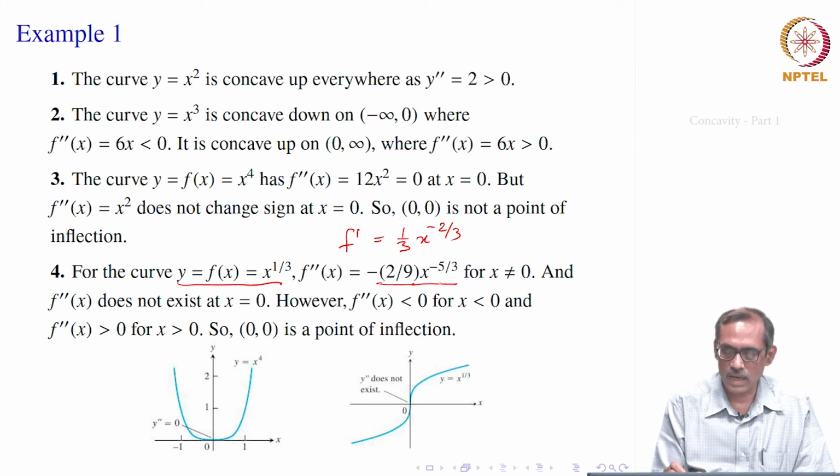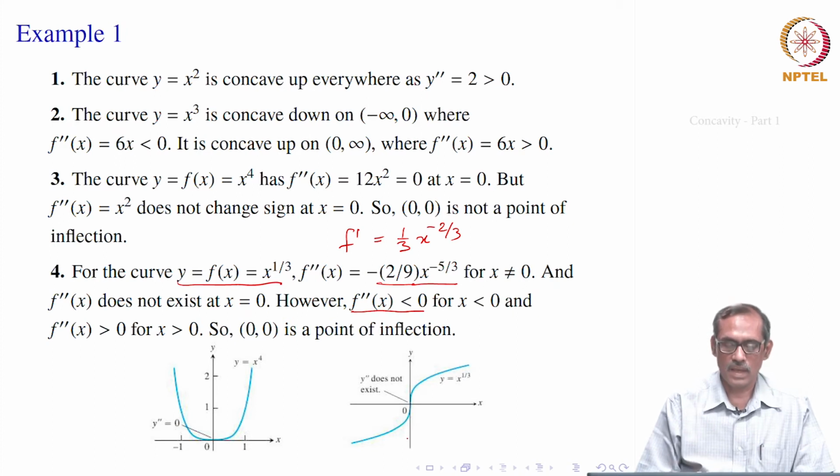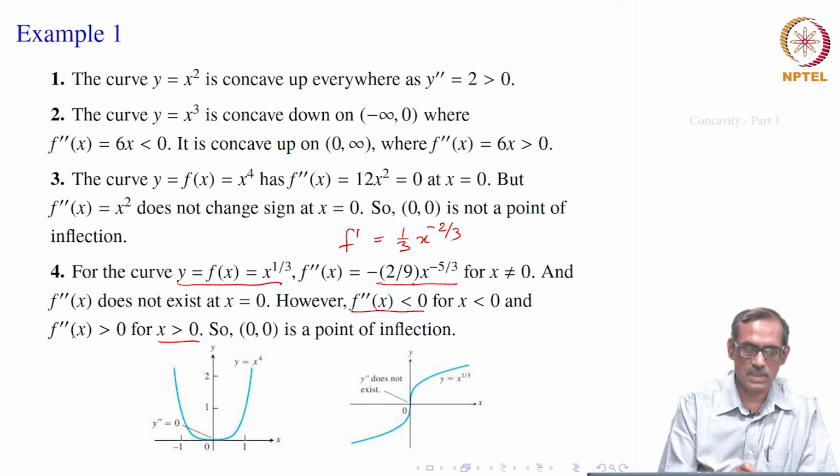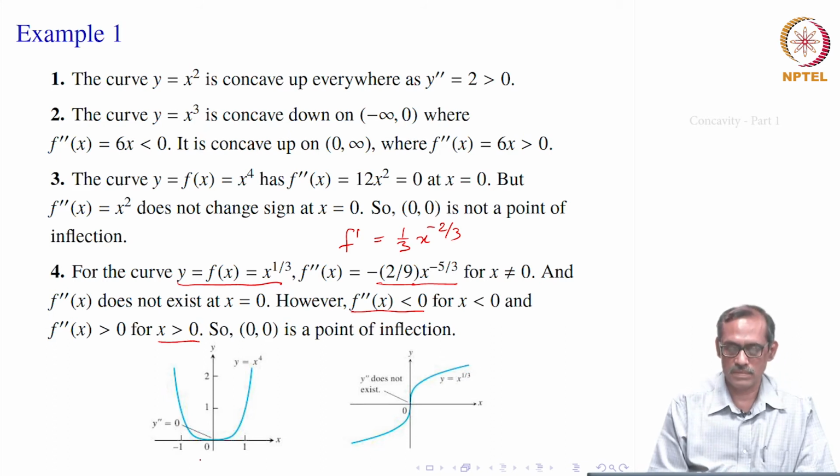Now, for x less than 0, when x is negative, it is 1 by x to the power 5 by 3. So, that gives f double prime x to be negative. And if x is positive, f double prime x is positive.